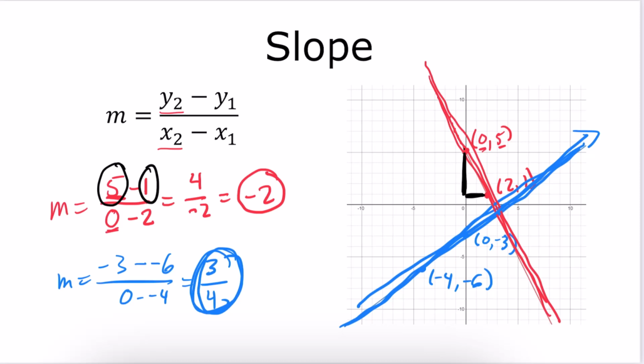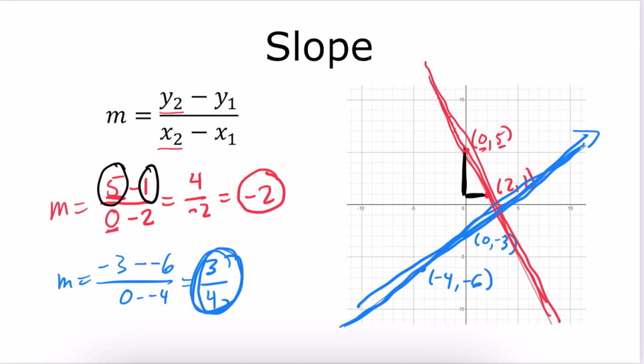And so the ratio of how much you're going up or down compared to left or right defines how steep something is. Because if you think about hiking on a mountain, if you have a big change in elevation without very much horizontal distance, then that means that the trail is going to be really, really steep.